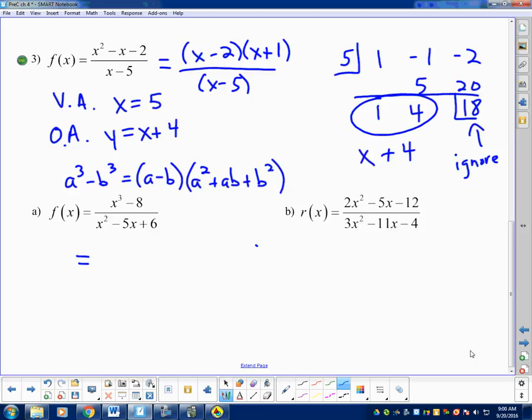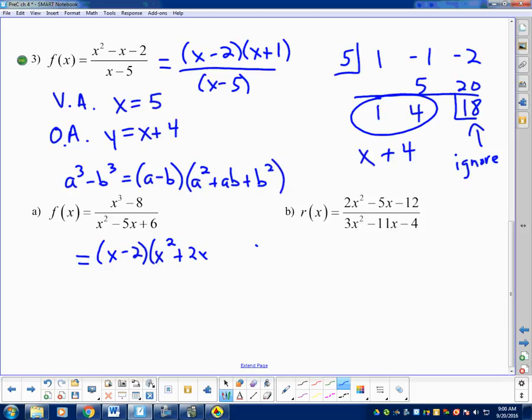cubed root squared. So what's the cubed root of x cubed? X. And the cubed root of 8? So it's x minus 2. And then if this is your a and your b, then this will be x squared plus, if this is your a and your b, you multiply them together, you get the middle term.